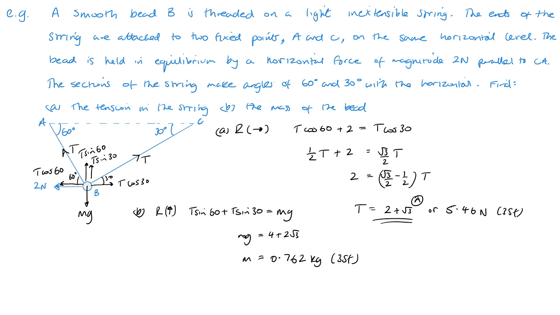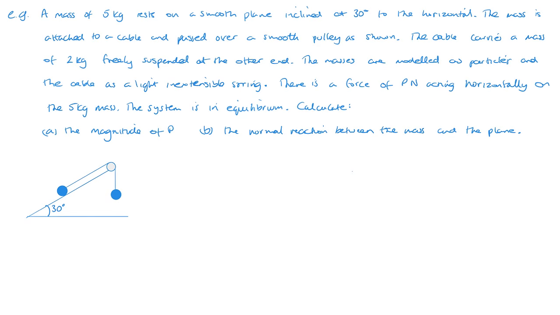So there is sometimes an additional part which asks what modelling assumption has affected your calculations, and it might pick something like the smooth bead in this case. So just be aware of those. But that's the first example. Let's have a look at one more.